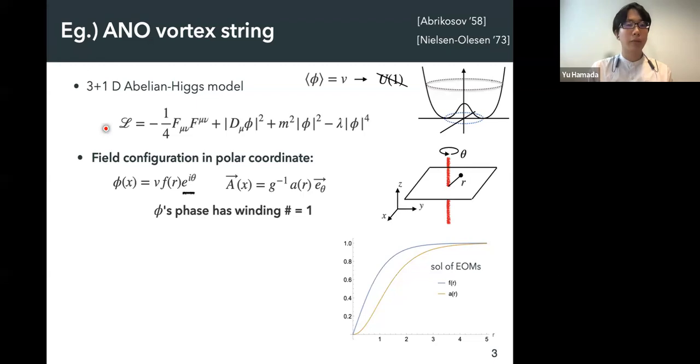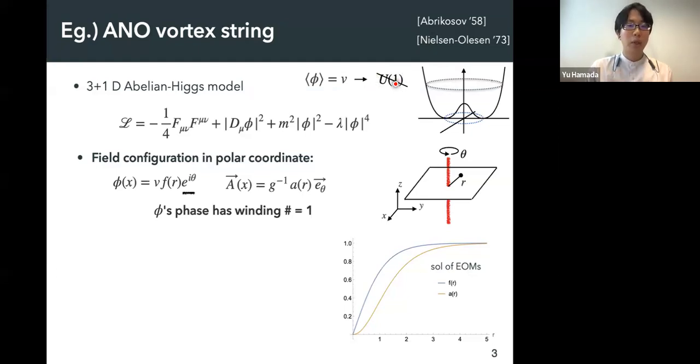Let's consider the following 3+1 dimensional Higgs model, whose Lagrangian is described by this one. Here we have a U(1) gauge field and a U(1) complex scalar field phi. It has a potential like this, a Mexican hat or wine bottle type potential. Then this complex scalar phi takes a vev, and this spontaneously breaks the U(1) gauge symmetry.